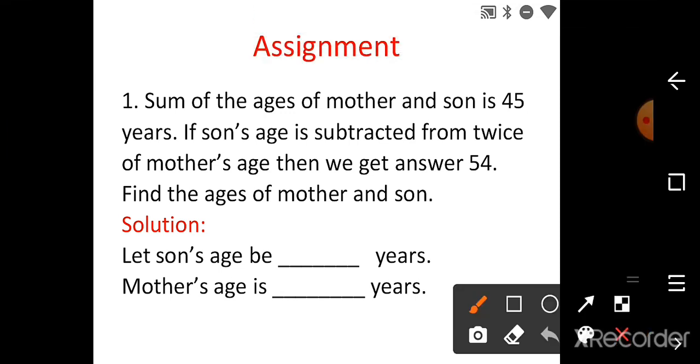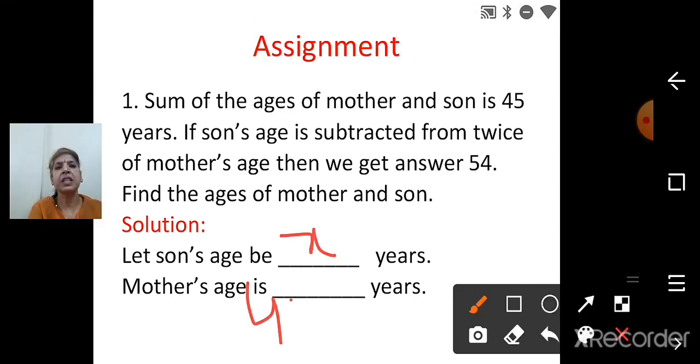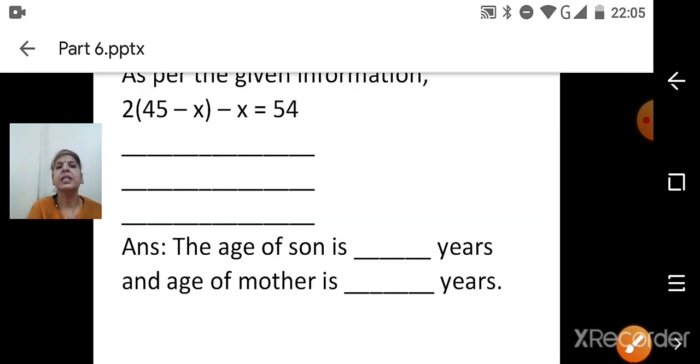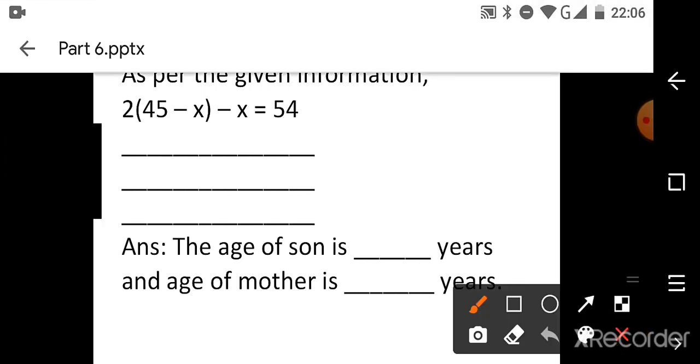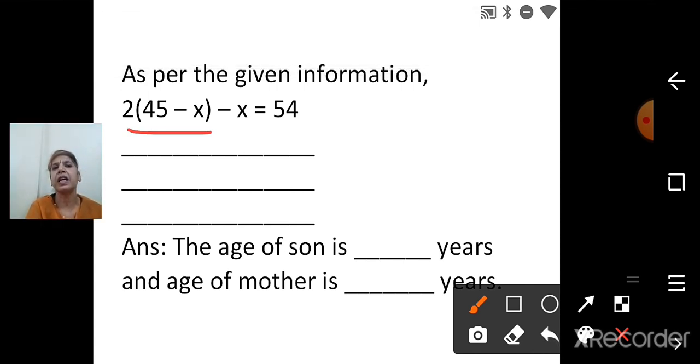So son's age is x, mother's age is 45 minus x. This is very important. Now as per the given information, twice the age of mother: so 2 in bracket you take 45 minus x, minus son's age, you subtract, so you get 54. Now the equation is formed.